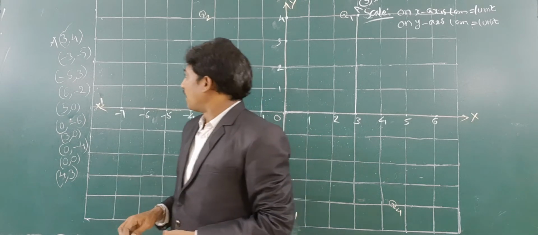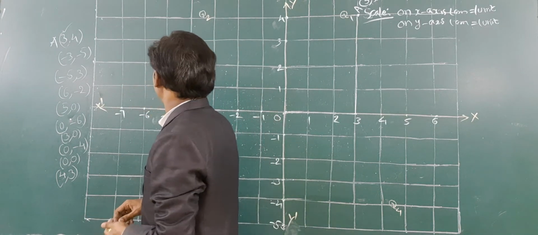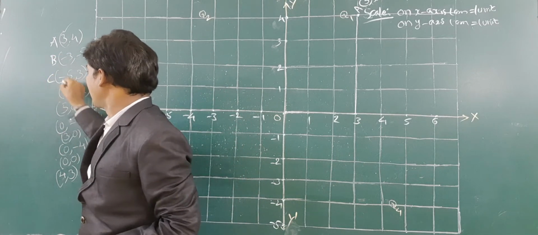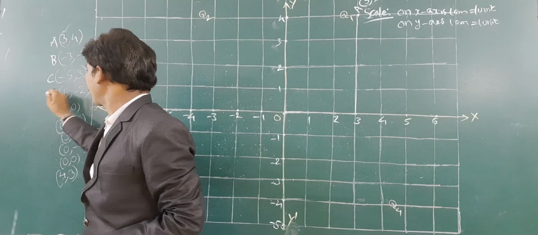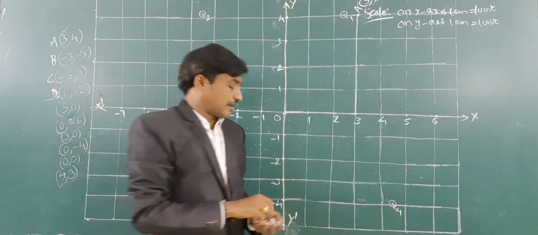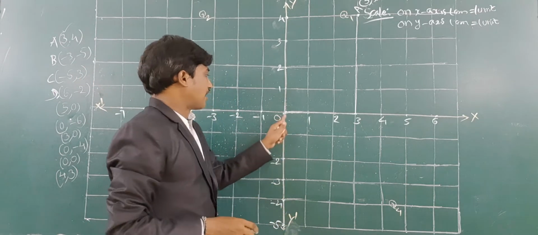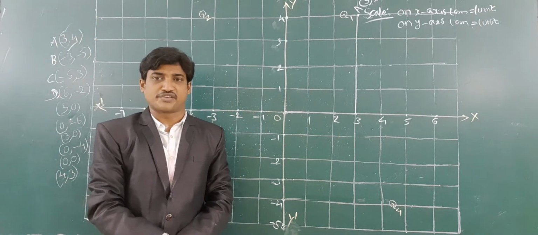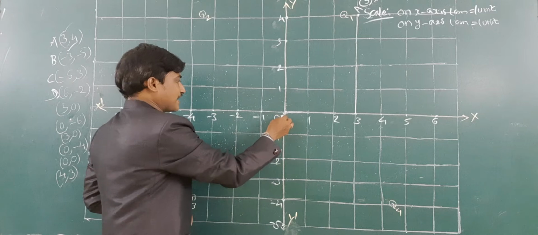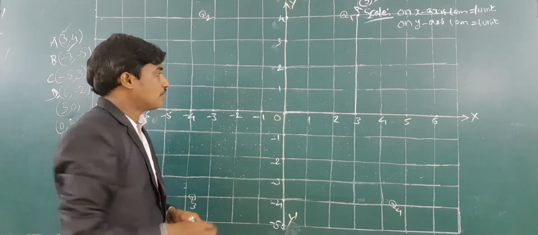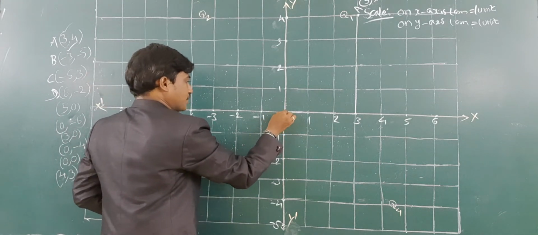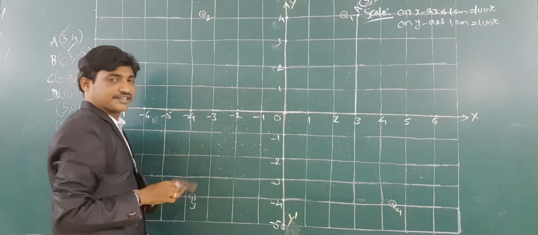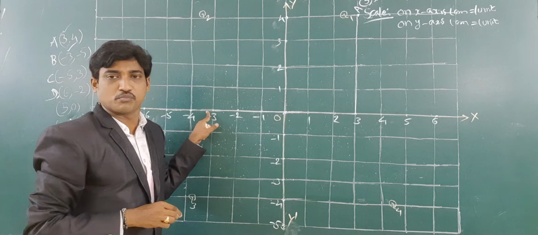Next, (-3, -5). The point B is (-3, -5). Minus 3 is a negative number. The x coordinate is negative. So starting from O, move 3 units along the negative x-axis. From that point, move vertically.